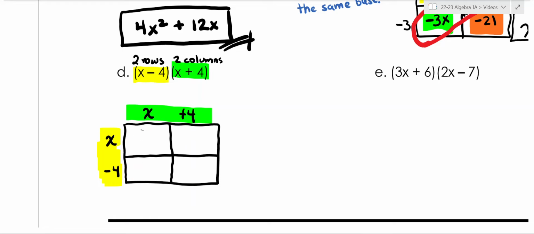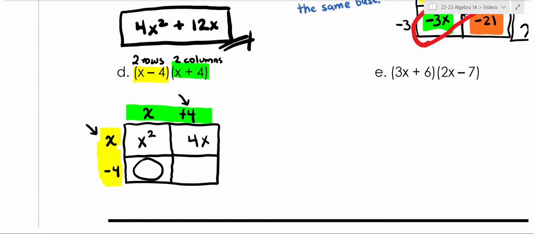All right, once again, our first box right here is going to come from us multiplying x times x, so that's going to give us x squared, right? Our second box here is going to come from us multiplying x times 4, so that's going to give us 4x, right?